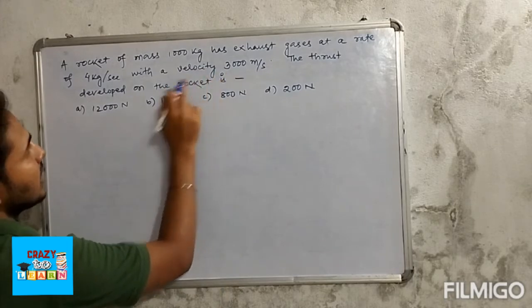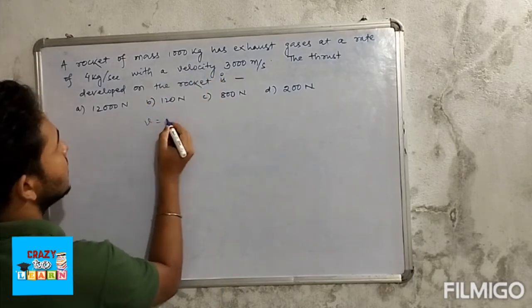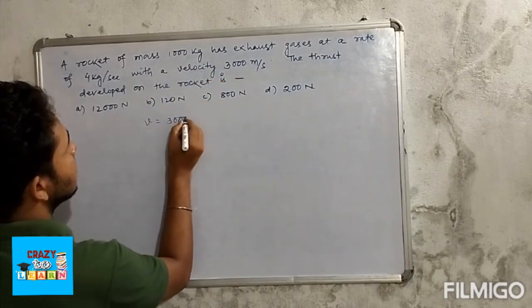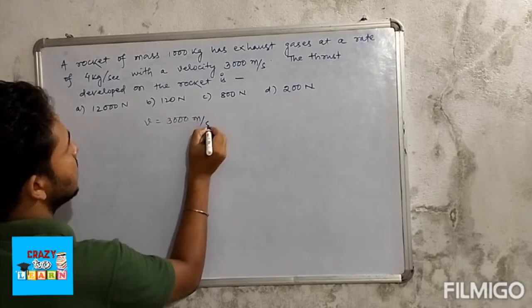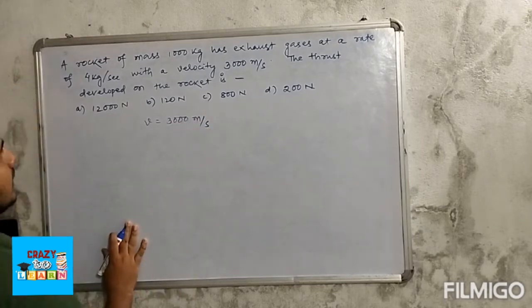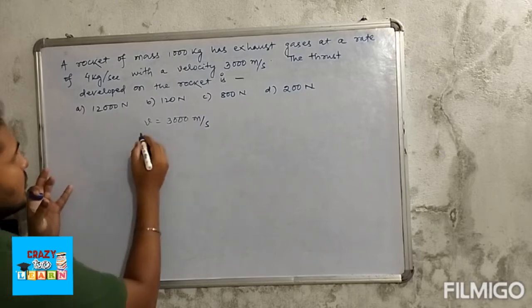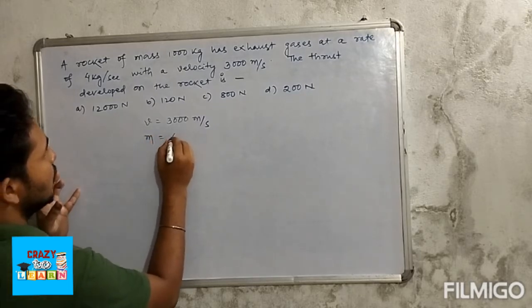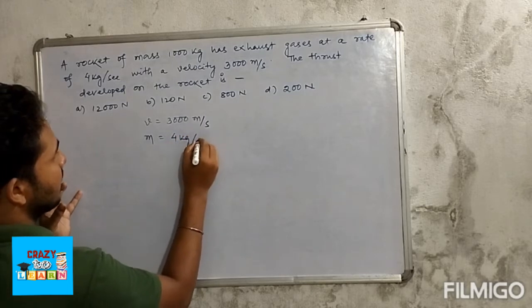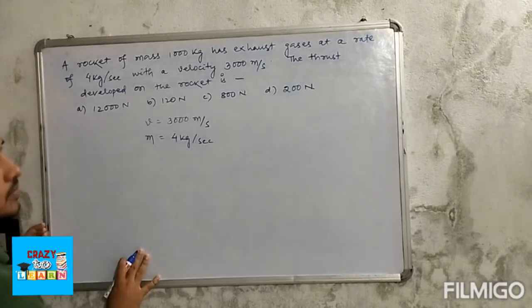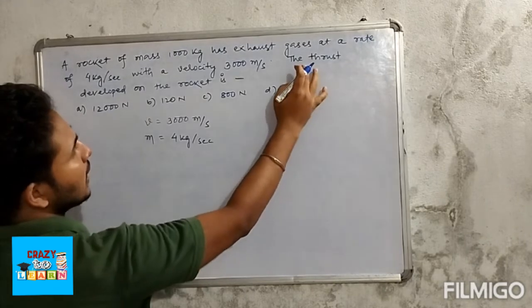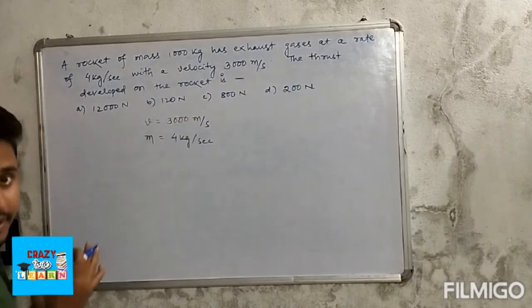The exhaust gas velocity V is equal to 3000 meter per second, and the mass of the gas exhaust m is equal to 4 kg per second. So it is asked to you to calculate the thrust developed on the rocket.